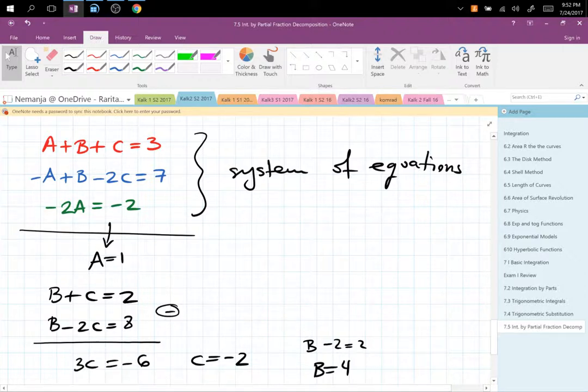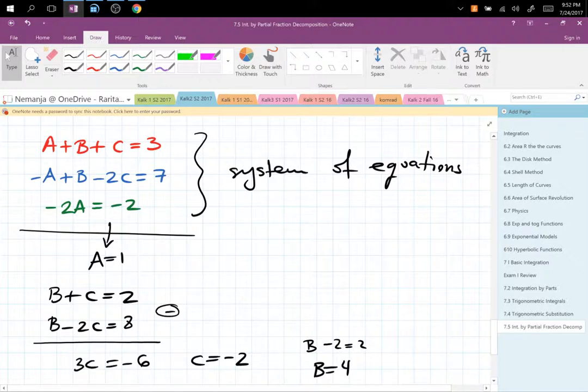So some of you might use matrix. Some of you might use the elimination method. Whatever you are comfortable with. Because, sad to say, I don't care which way you solve it. I'm not interested in your algebra.